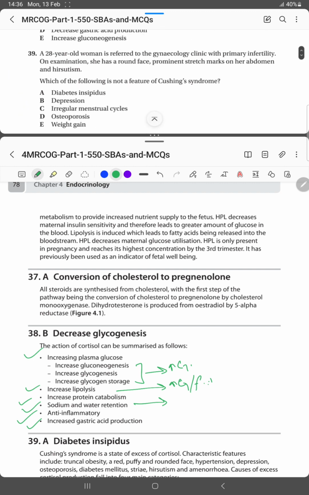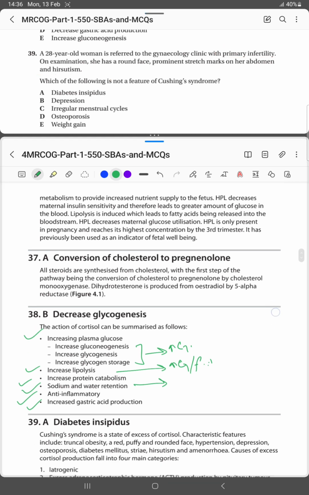A 28-year-old female is referred to a gynecological clinic with primary infertility, and on examination she has a round face, prominent stretch marks on her abdomen, and hirsutism. Which of the following is not a feature of Cushing syndrome?